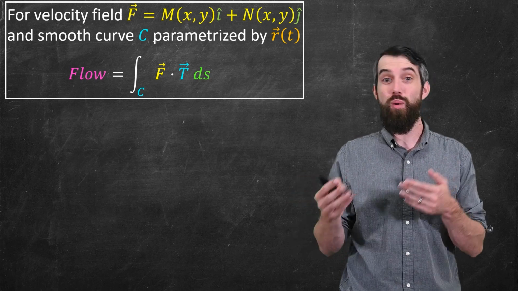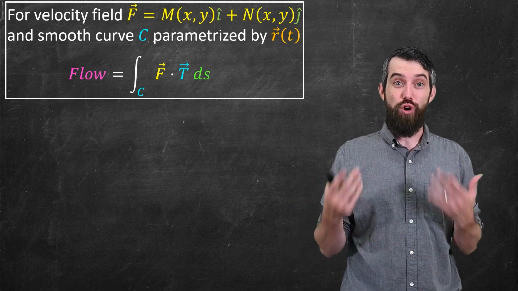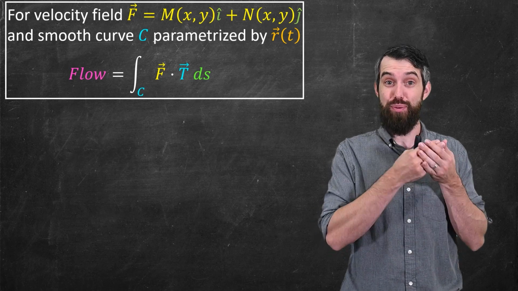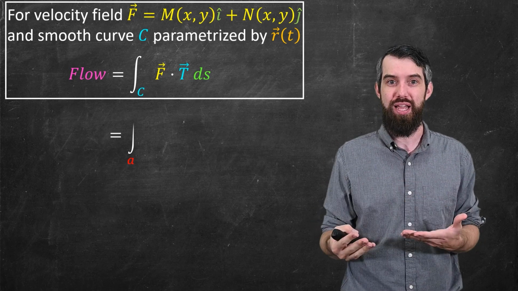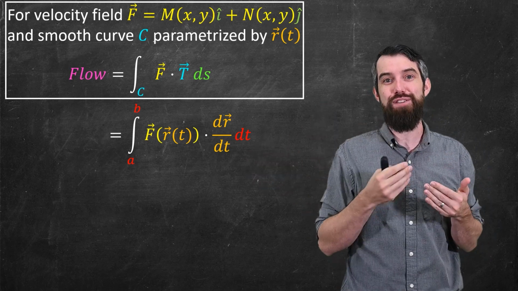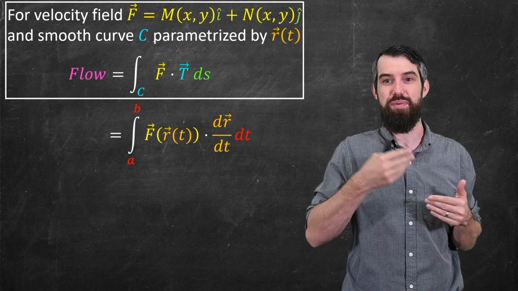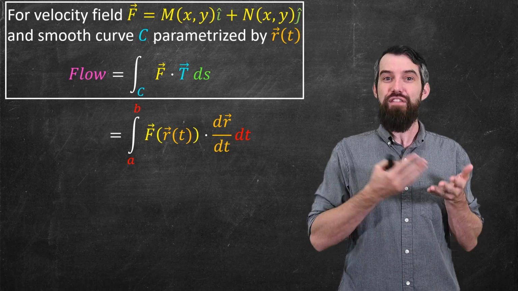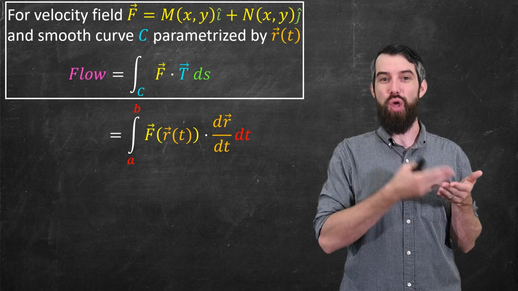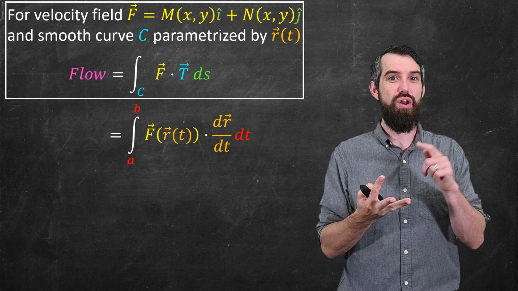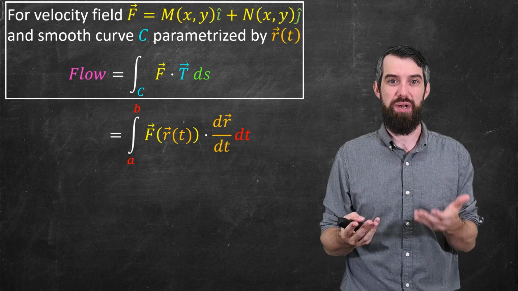Now, as we've seen before when we looked at, say, work, this formula is a great definition, but if we're given an explicit r of t, a parameterization for the path, we need a way to compute it. So exactly as we've seen before, we get the parameterized version of this formula. It's the integral from a up to b, if your path is parameterized where t is going between a and b, of F of r of t dotted with r prime dt. And so if you know your field and you know your r, you can just plug it into this formula to compute it.